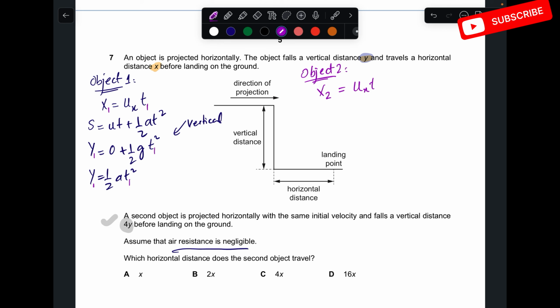This is for the horizontal component. For the vertical component, I apply the same equation: y2 will be ut, where u is 0 for the vertical component velocity, plus half g t2 squared.